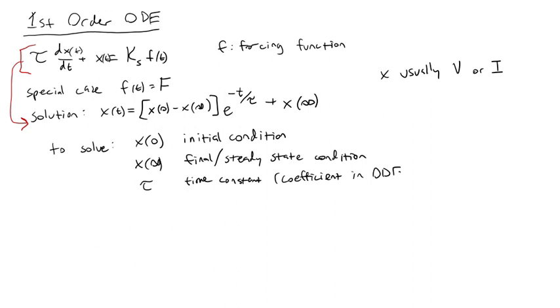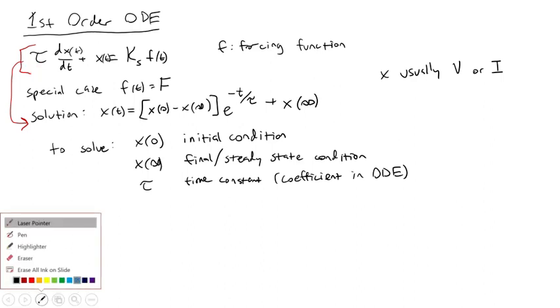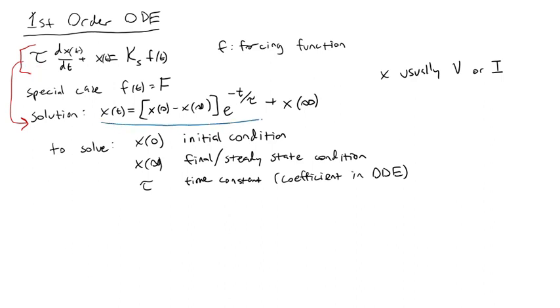So you'll notice the way I have that ODE written, there is no coefficient in front of the x term. The coefficient there is just 1. So as long as I write my equation in this format, then the coefficient for the derivative term is going to be equal to tau. So to solve this equation in the form I've written it here, I need to find these three things when I'm analyzing the circuit.